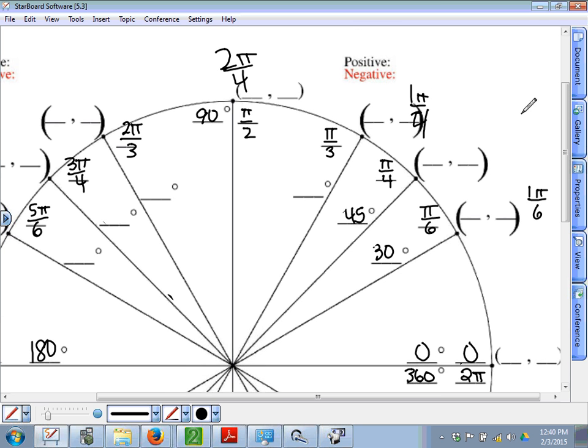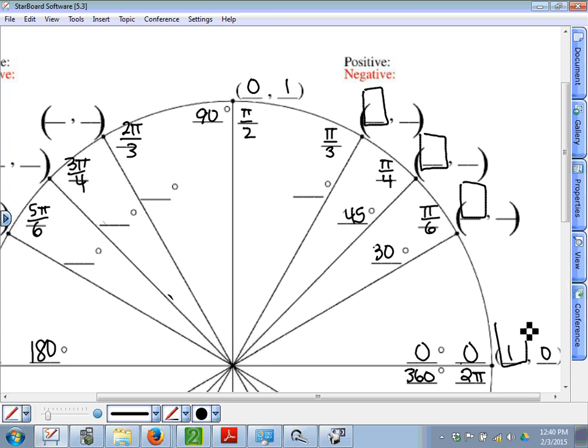Right? And I didn't show you this last time, but I want to show you now just before we leave here. What do you guys have written right here? And what did you have written right here? 0, 1. Now check this out. Starting from the top, just looking at the x values. You with me? Starting from the top and moving down to the right.